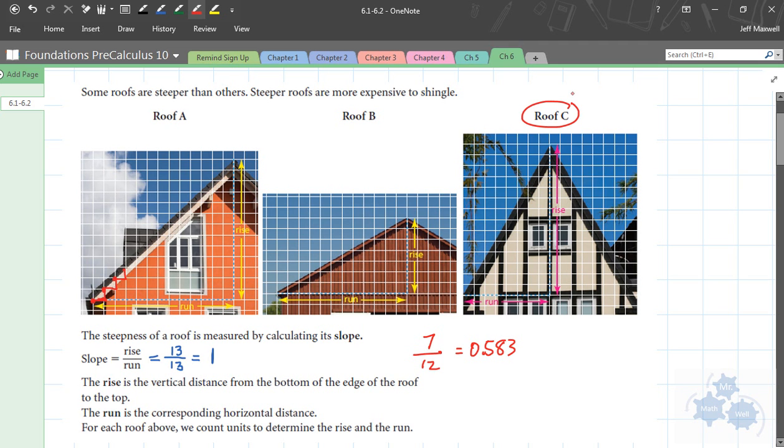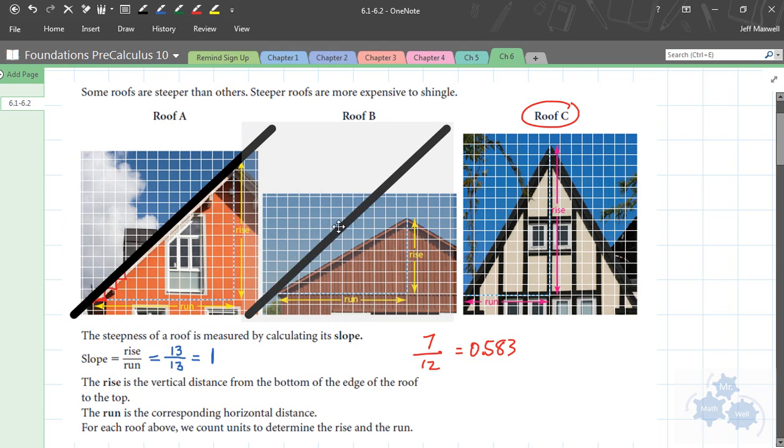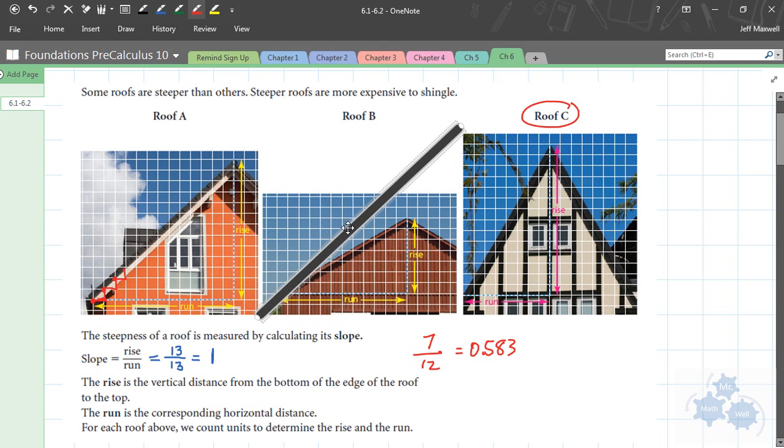Roof C. Because you can kind of see here, pardon the pun, that thick black line, there is the slope of that roof. Now if we translate that over, look at that, way steeper.